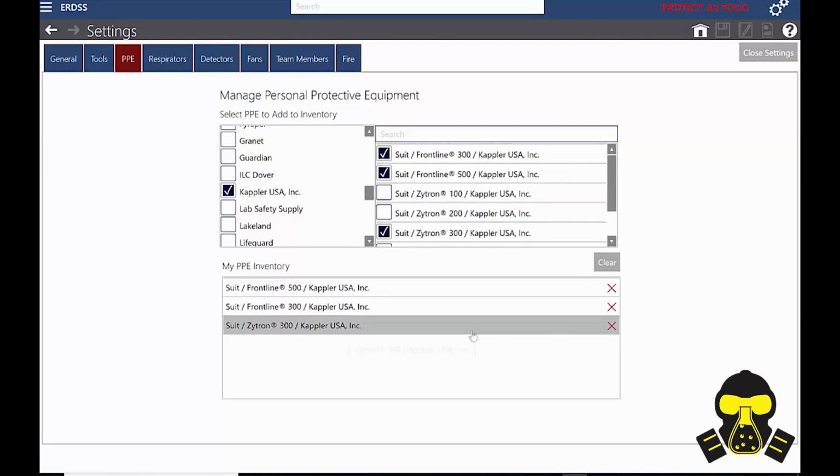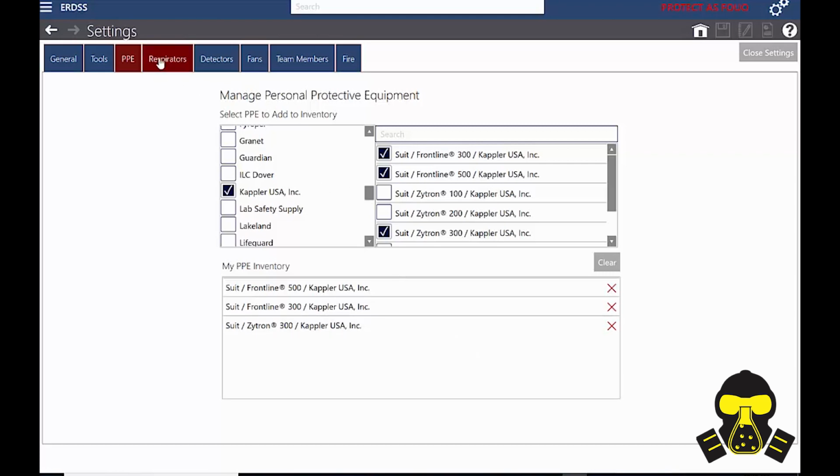I'm going to add those in and say, those are my standard gear. That gives me a splash suit and some vapor tight suits. That way, every time I do a search for PPE, it's going to bring those to the top of the list. Everything's in there in alphabetical order, so if you have Kappler, you're going to be halfway down the list every time trying to find it. This way it brings it to the top. I'll show you where that shows up later.